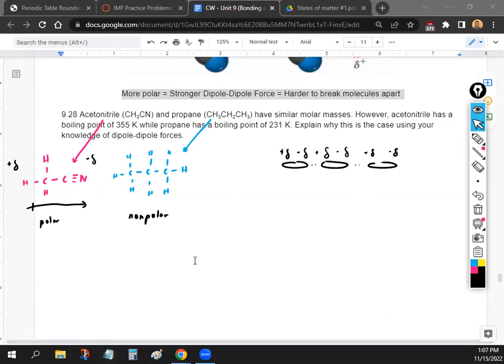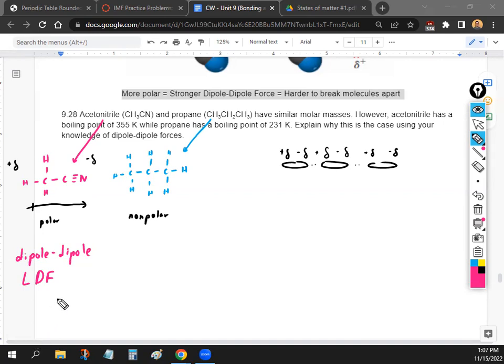Now, I'm going to add a little bit of new information for you guys. If you take a look at acetonitrile, it has these intermolecular forces working inside of it. The first intermolecular force we talked about was dipole-dipole. It also has London dispersion forces. Basically every compound has some sort of London dispersion forces.